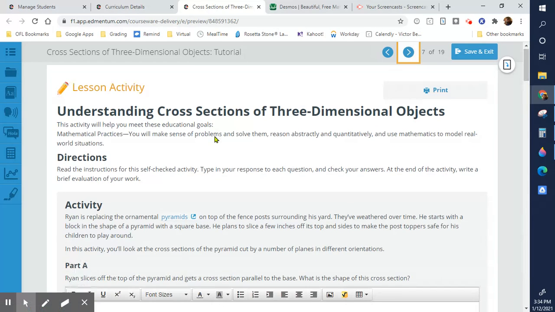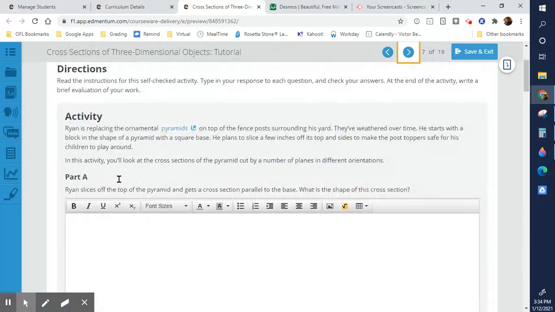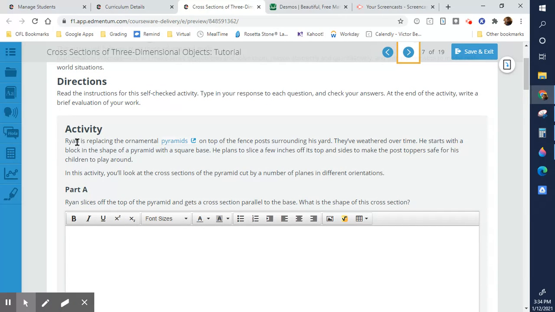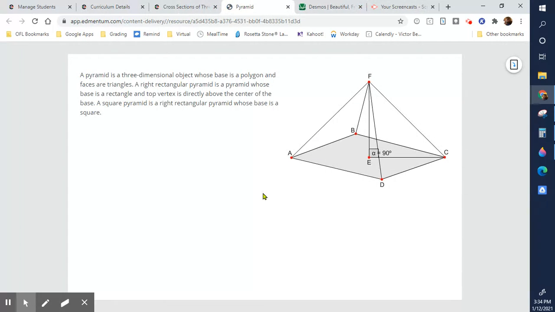This is saying Ryan is replacing the ornamental pyramids on top of the fence. So there are pyramids on top of his fence in his yard. We have this pyramid right here, and it's right. This is actually a better definition than what I did: 90 degrees.